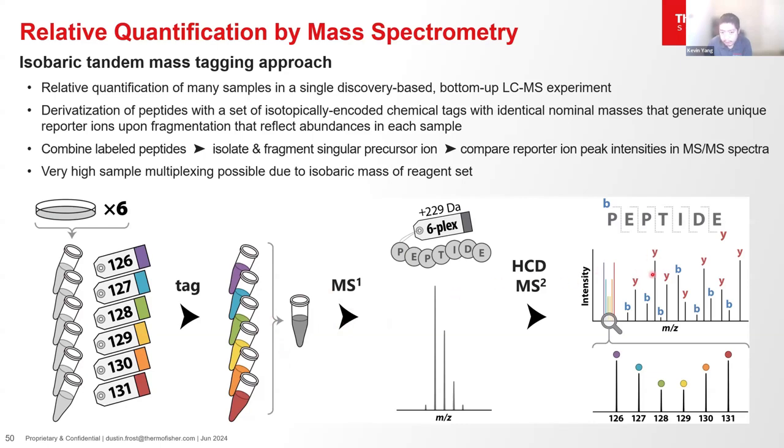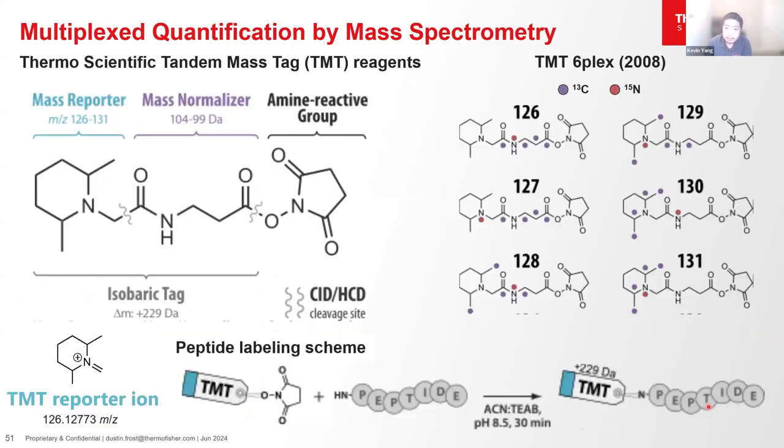But after fragmentation, the TMT is going to release different reporter ions, and you can achieve relative quantitation based on the intensity of those reporter ions. So here's the first commercially launched 6-plex TMT in 2008. We have 126 to 131 of reporter ions after fragmentation.